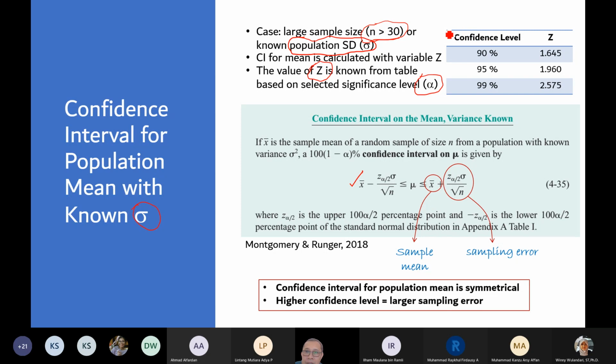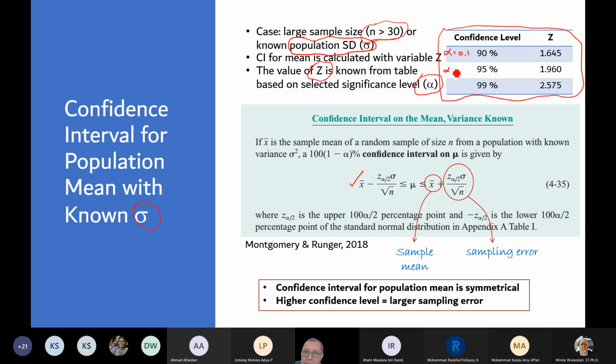Okay. So this is the value of z at the three most commonly used confidence levels: 90%, 95%, and 99% confidence level. Okay, so when we select an alpha, this is the same as saying that alpha is 0.1, right?